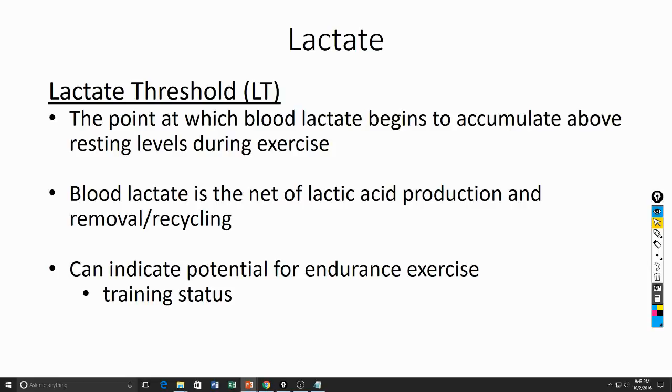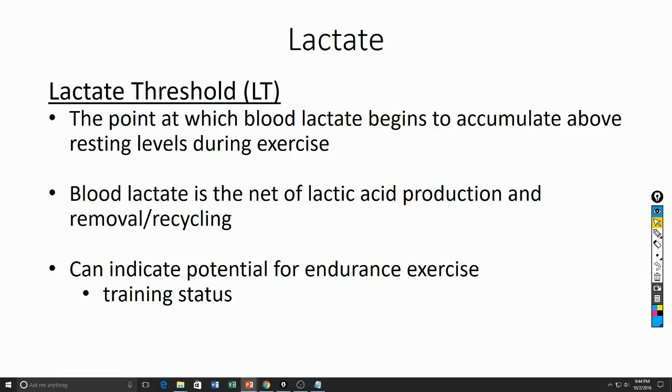Now, as you start working and you start going to higher intensities of work, you start producing more and more lactic acid. Lactic acid, at a certain point, will overwhelm your muscle's capacity, or whatever muscle it's being produced in, that muscle's capacity to process it and turn it back to glucose. And at that point, when it starts building up to a great enough level, it then starts to spill out into the blood. And that's the point where we call lactate threshold.